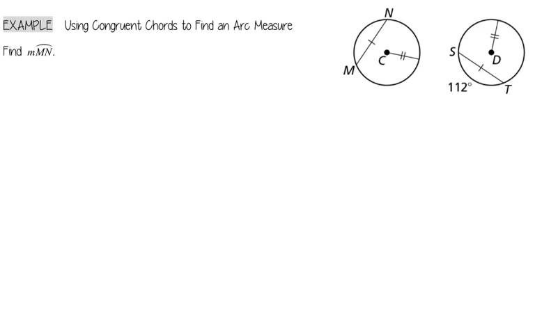So, using those laws, we're going to find some information here. It says, use congruent chords to find an arc measure. Okay, so we've got here an arc MN, and we have another arc over here, ST, and we're just going to find the measure of MN. We know that this arc over here is 112 degrees.